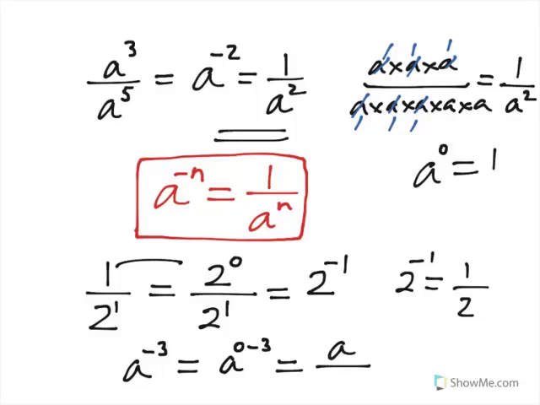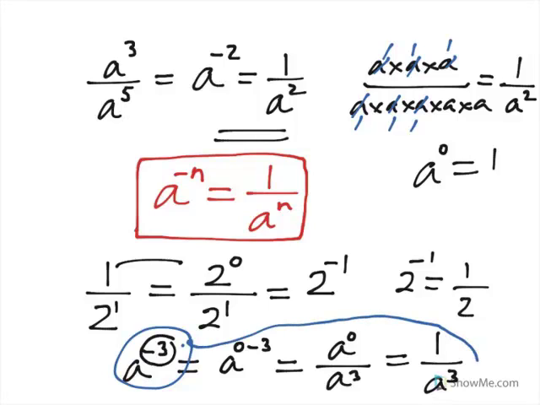And that the base is the same, so there'll be an a in each, so there'll be a 0 here and a 3 here to get this negative 3. And of course a to the 0 is 1, and a cubed is a cubed. So a to the negative 3, I've just shown you a slightly different way, is 1 over a cubed.